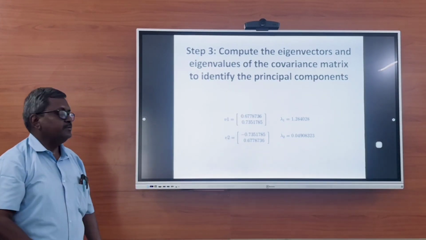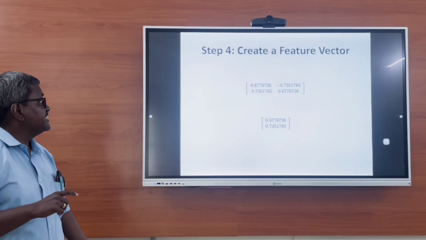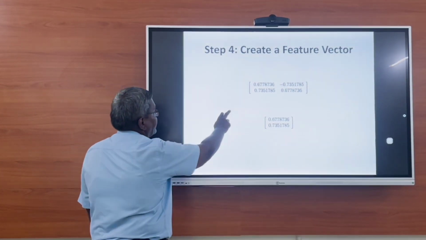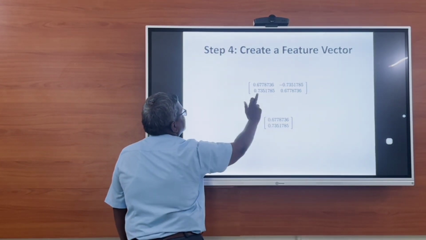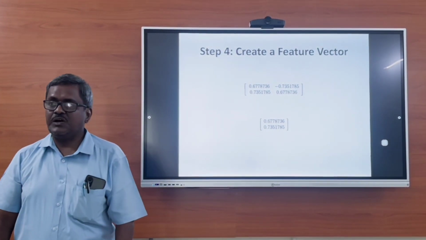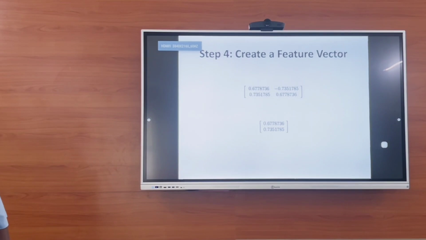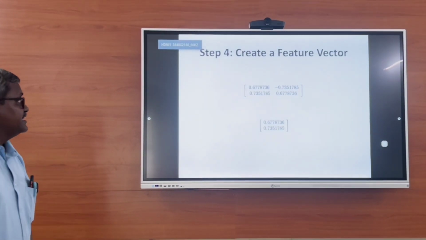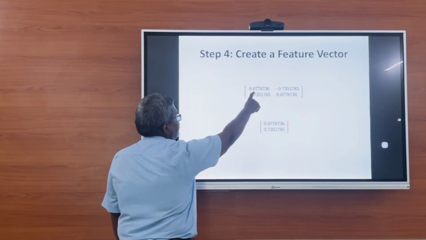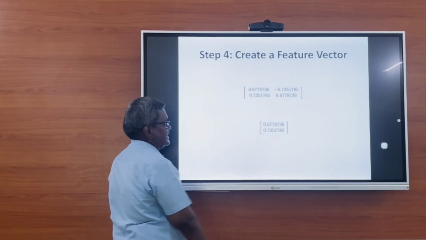So we have to form a feature vector. By combining both we get this feature vector, and we have to see which column is the least. In this we can see that the first column is the least, and we leave out the second column.